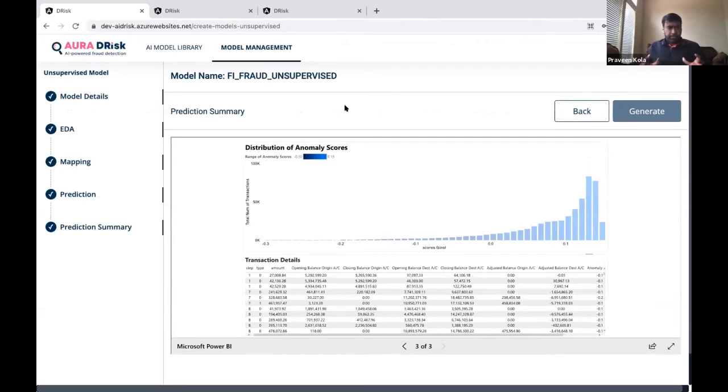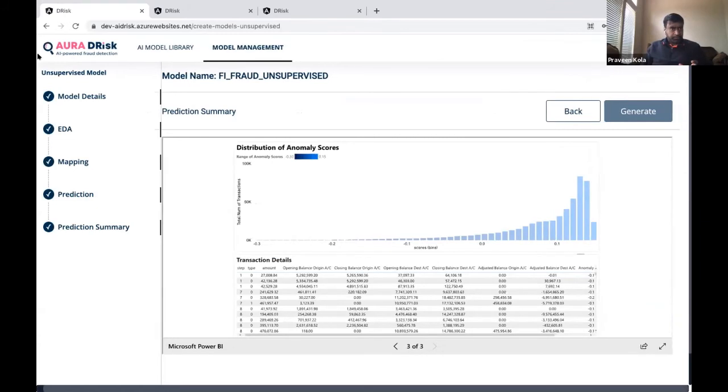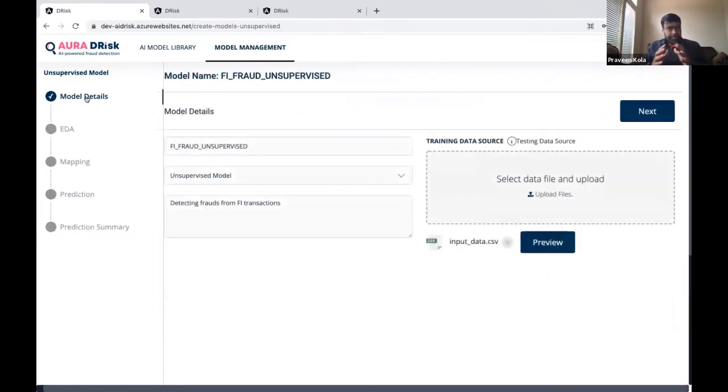As you see here, the way we have configured this tool for unsupervised, you bring your data. It's easy navigation. You create the model, bring the data, and test it out. Once it is done, this whole thing can be streamlined and integrated back into your systems. Everything runs behind the scenes, and it will constantly monitor.